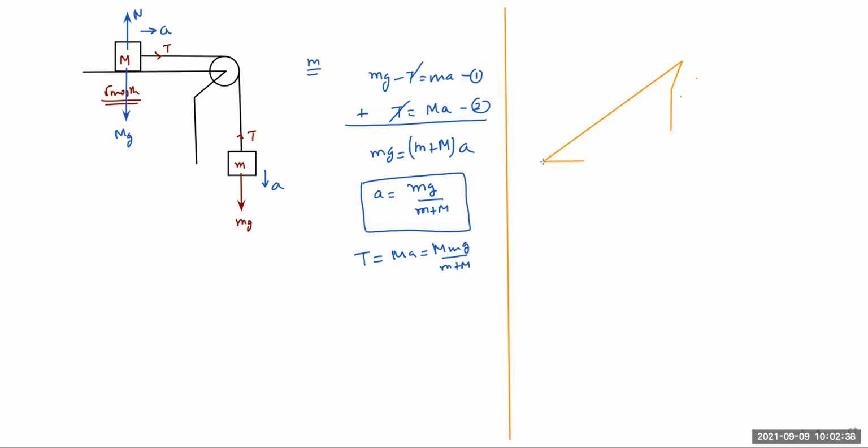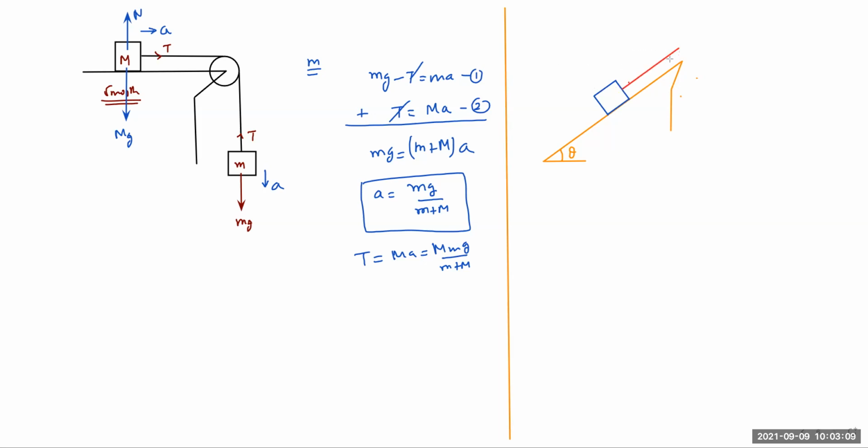So we have an inclined plane of inclination angle theta, and we have a block on this plane. And a rope is going over a pulley.